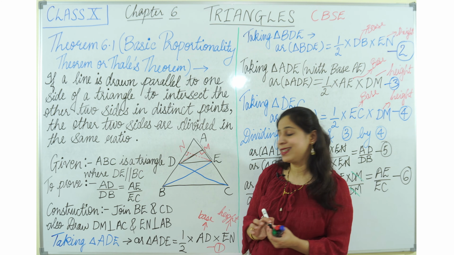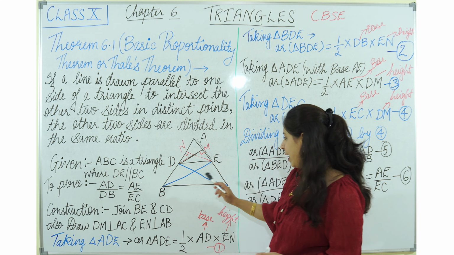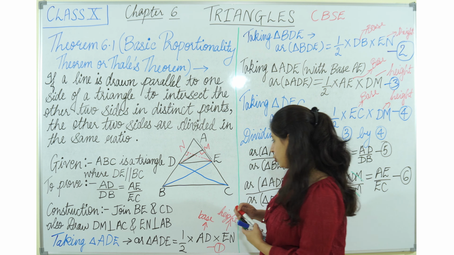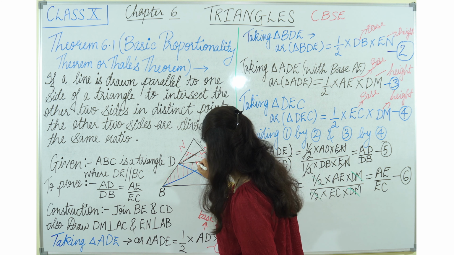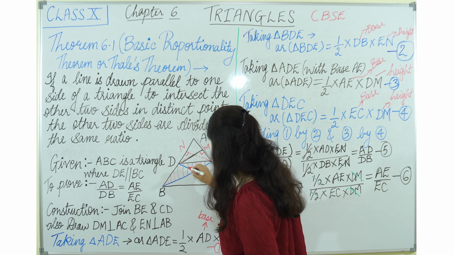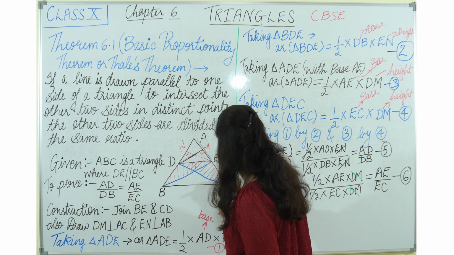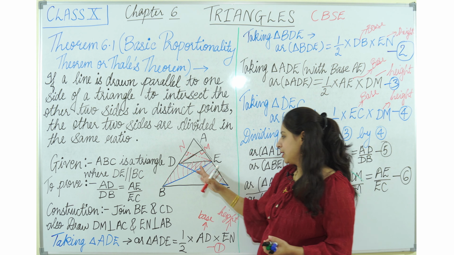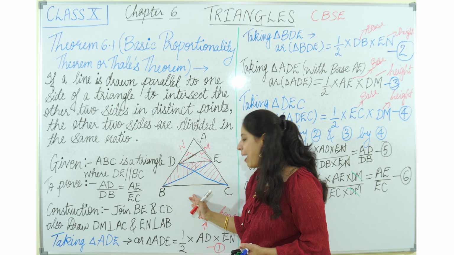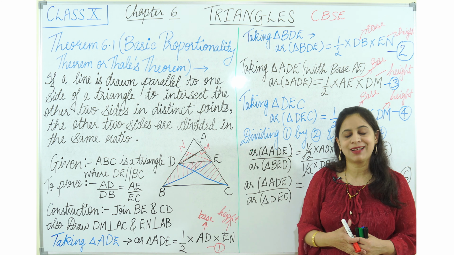Now we can clearly see over here that the triangle DEB and triangle DEC, I'm just depicting in the figure so that you can figure it out. They both are on the same base DE. So whenever the triangles are having the same base and when they are between the same parallels, then their areas are always equal. We have already studied in class 9th.